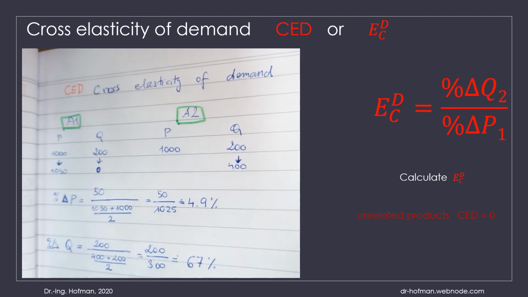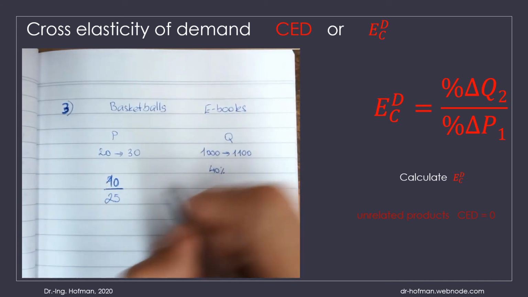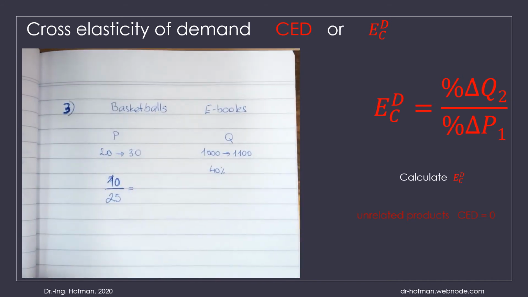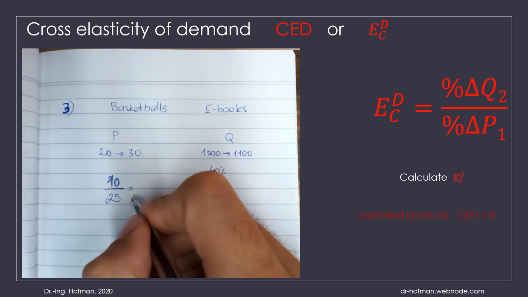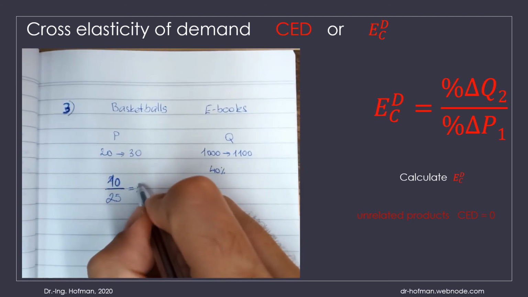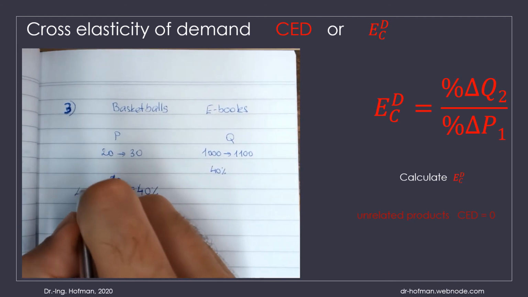Let's calculate the price change: 30 over 20. It would be a 10 over 25, I should say, which is a 40% increase in price.